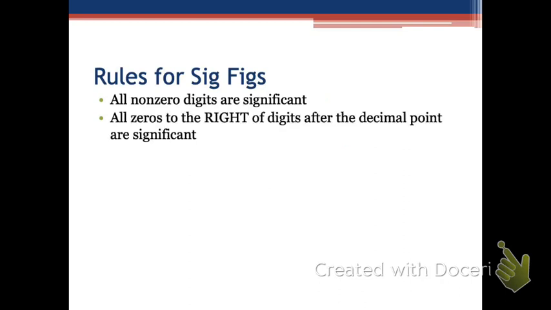Second, all zeros, right? Most of our rules are going to revolve around zeros. All zeros to the right of digits after a decimal point are significant.